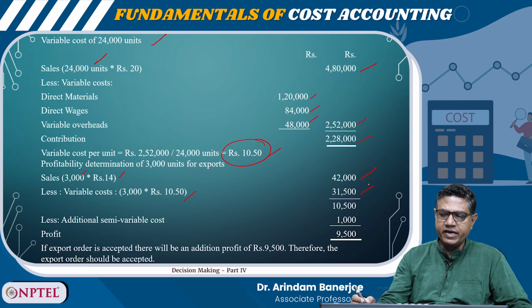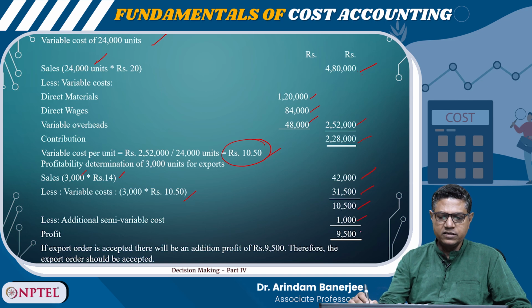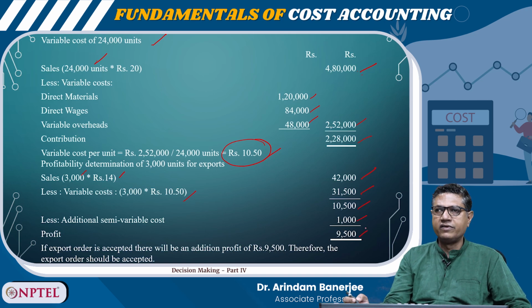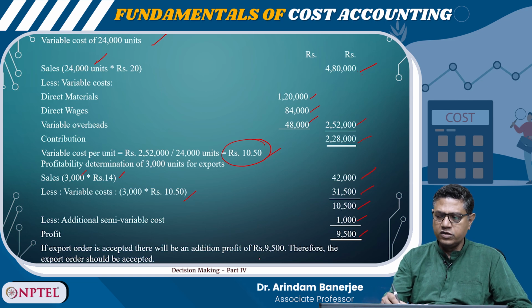If I deduct, it is 10,500, less additional semi variable cost 1,000. So, profit is 9,500. If the export order is accepted, there will be additional profit of 9,500, therefore, the export order should be accepted.